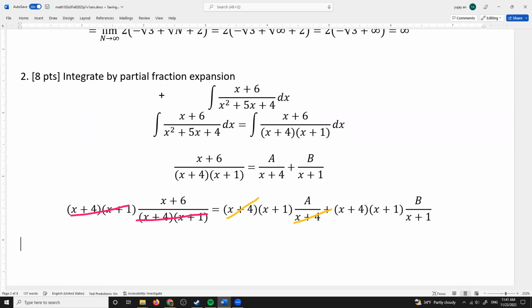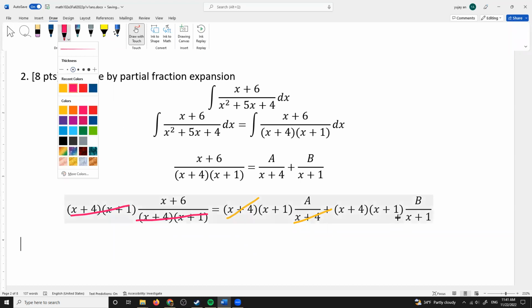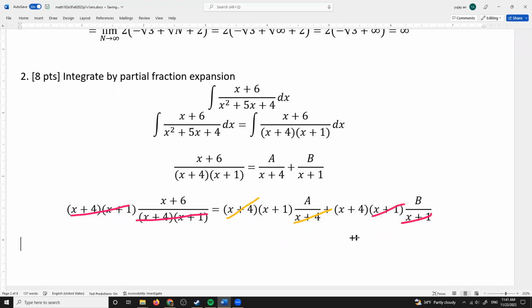These cancel out. And then these cancel out. So the end result after canceling, you get x plus 6 equal to A times x plus 1 plus B times x plus 4.